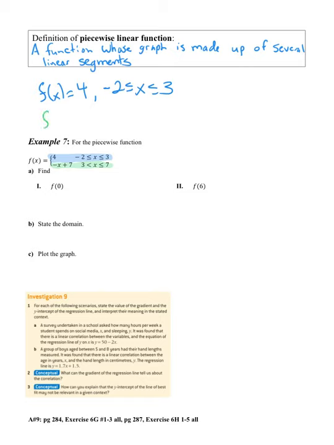And then the second equation, we're going to use -x plus 7 as our linear equation, as long as x is past 3, not including 3, because 3 can only be included once, and 3 is being included right here. So this is not including 3.